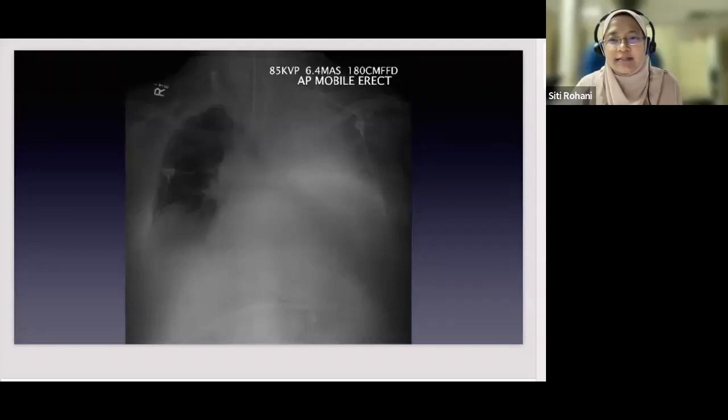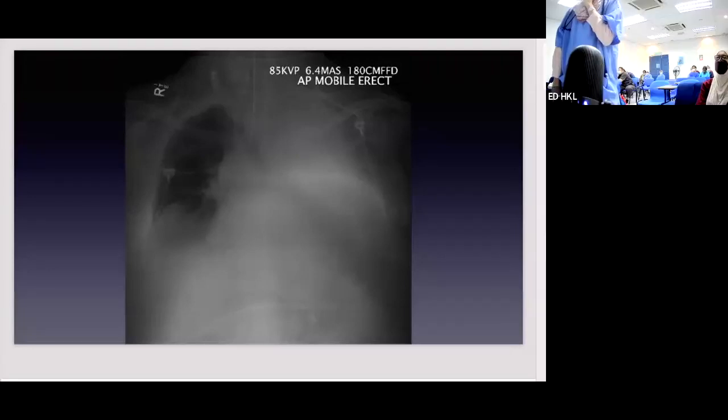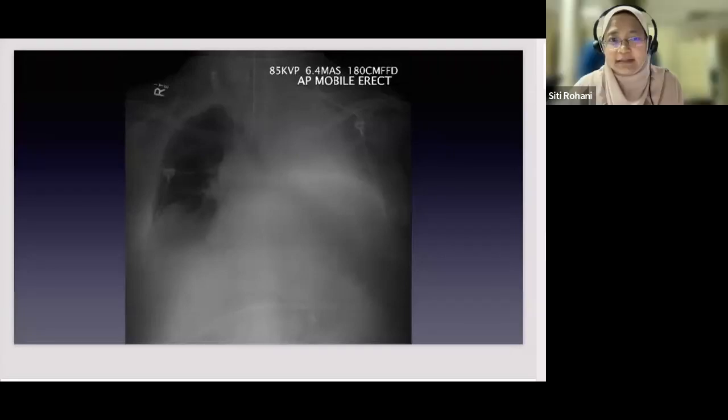Have you done your line check, your tubes check? Sorry, the ET tube? To the right. Yes. Where do you think the ET tube is located?